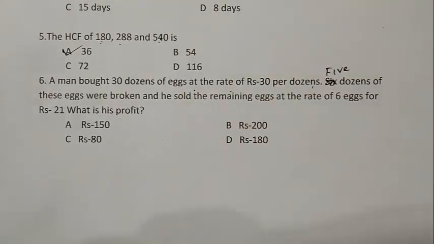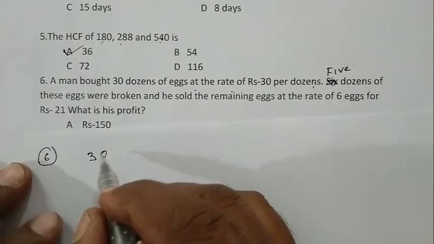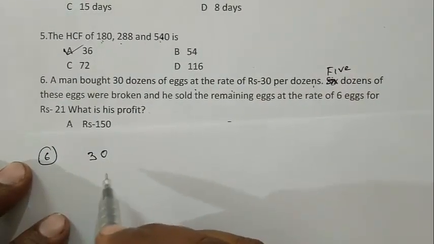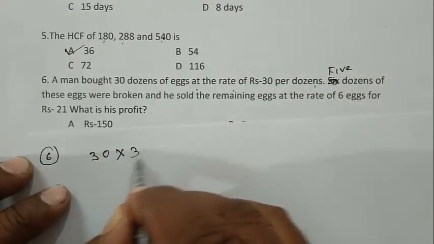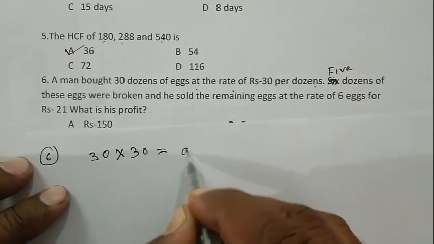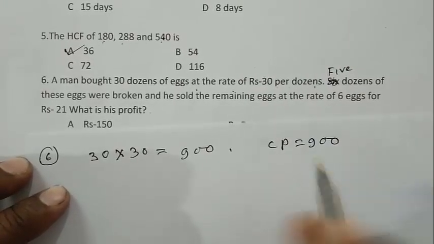First we calculate the CP of the eggs. He bought 30 dozen of eggs and rate is 30 per dozen, so he has to spend 900 rupees, that is CP equal to 900.